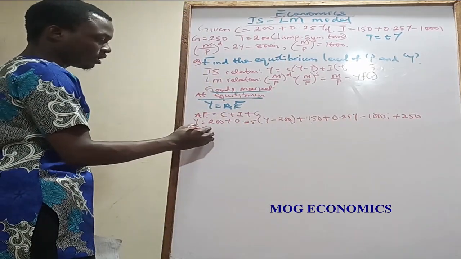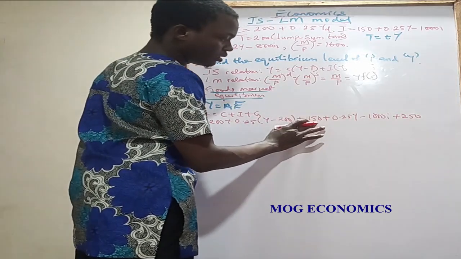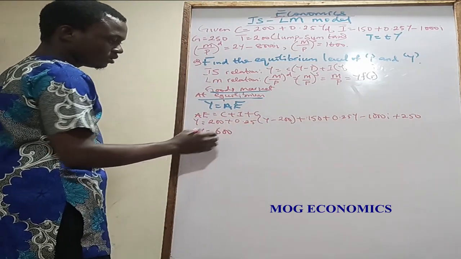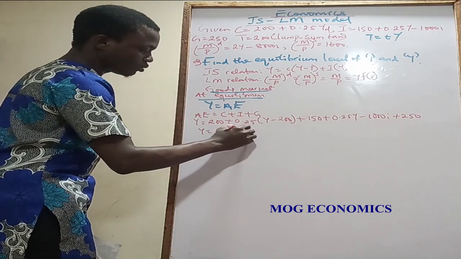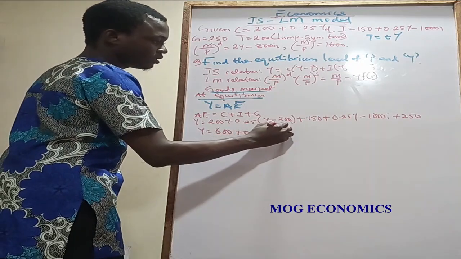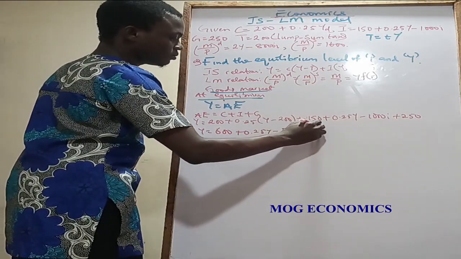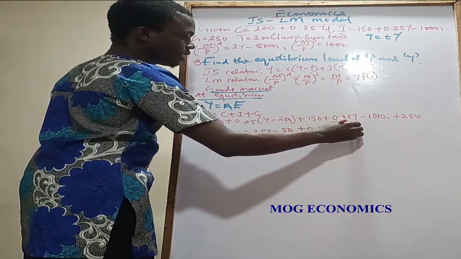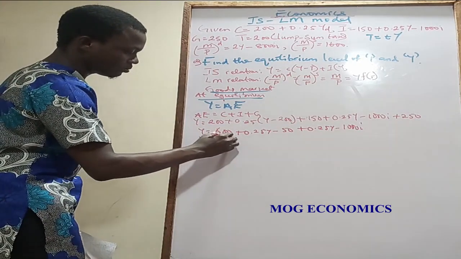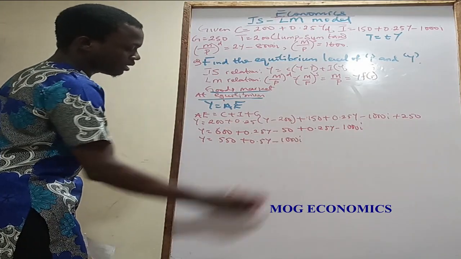So we balance. Y equals 200 plus 150, 350, 350 plus 250, that's 600. 600 plus 0.25Y minus this, 1 over 4, right? Minus 50, then plus 0.25Y again, minus 1000i. So Y equals 550 plus 0.5Y minus 1000i.